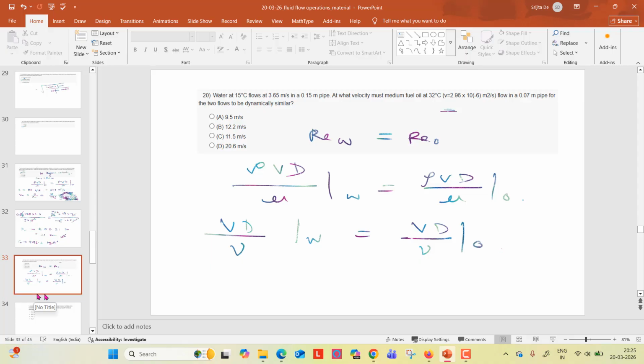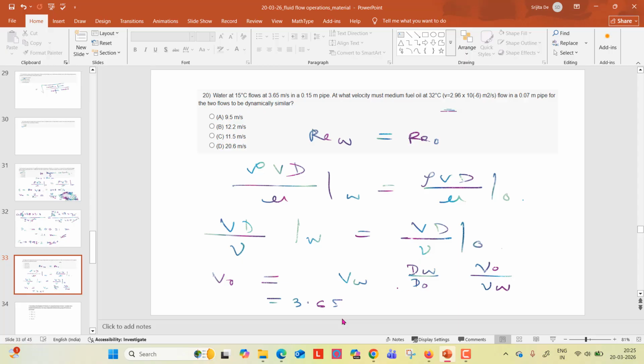So for oil velocity VO, it will be VW dW by dO and nO by nW, right? So VW is given as 3.65 meter per second, it is water.